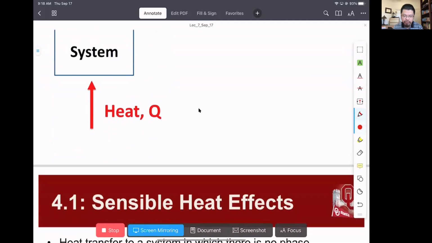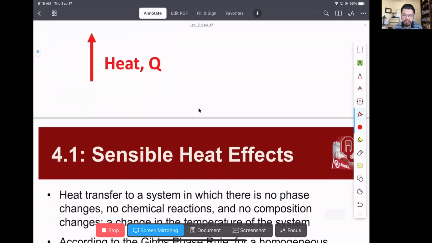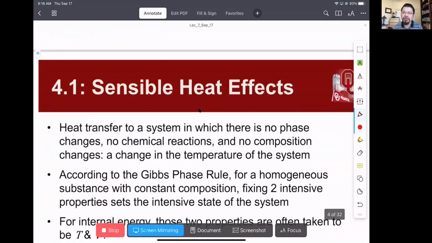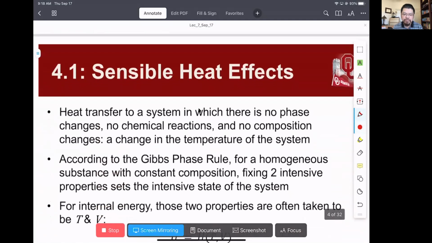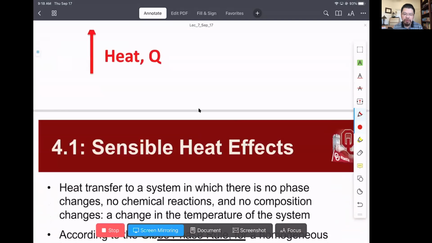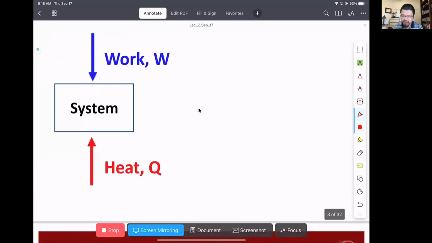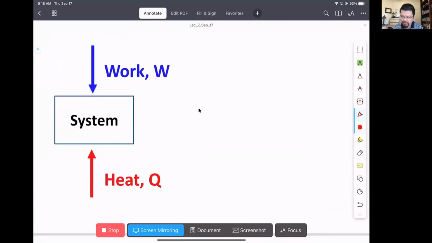And when we think about heat, we need to revisit a few things. If I take some notes here, we are going to have a heat input, and the heat will make a change of the system.